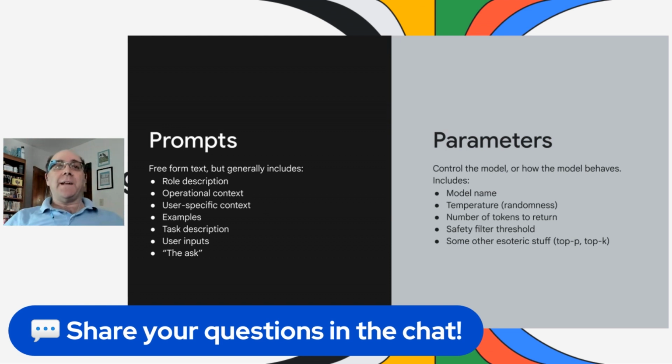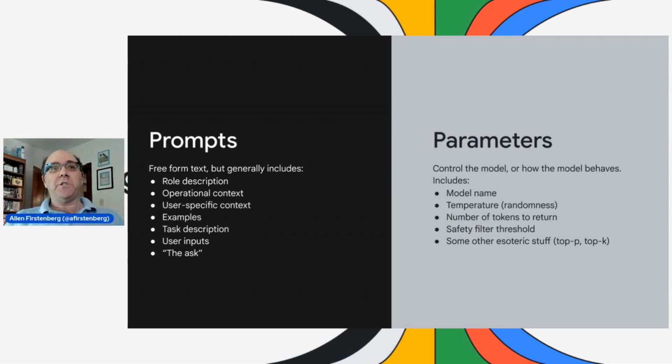If we look quickly at the middle question there, taking prompts and applying parameters to it. Prompts, and again, this is a whole subject that we really could spend hours on. But generally, what you want to do when you're building your prompt are set up things such as giving it a role description. Help it frame the question in terms of what kind of expertise you're asking for. Give it operational context, what the schema is, for example.